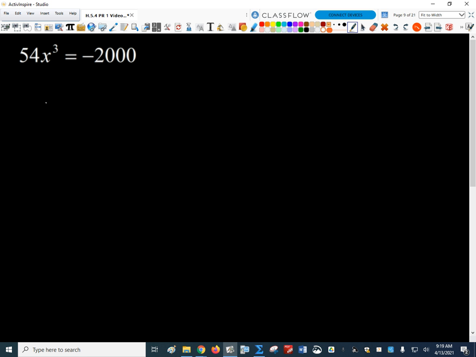So we put it into standard form, where it's set equal to 0: 54 x cubed plus 2,000 equals 0. And remember, the whole point here is we want to be able to factor this thing into a product of factors so we can apply the zero product property. Now we run into a little bit of a snag, because what's the only pattern that this could fit?